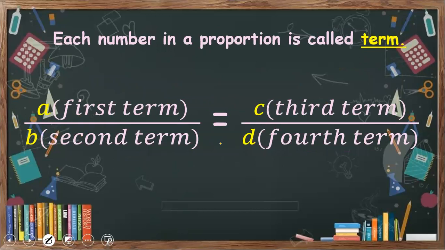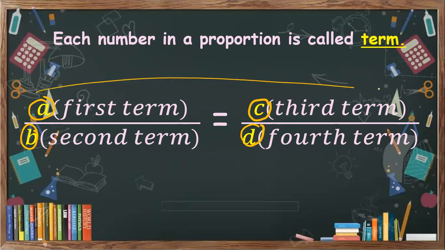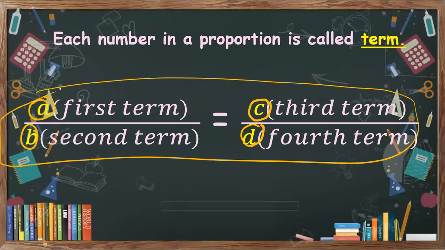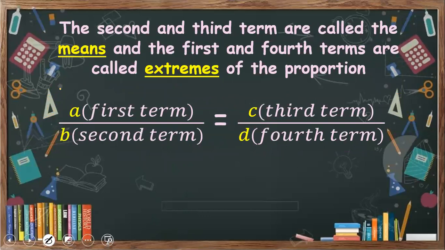Each term in a proportion is called a term. A is the first term, B is the second term, C is the third term, D is the fourth term. So we have four terms here. The second and third terms are called the means. The first and the fourth terms are called the extremes.